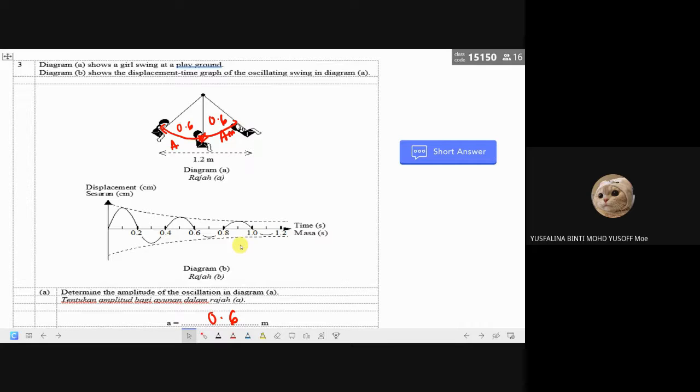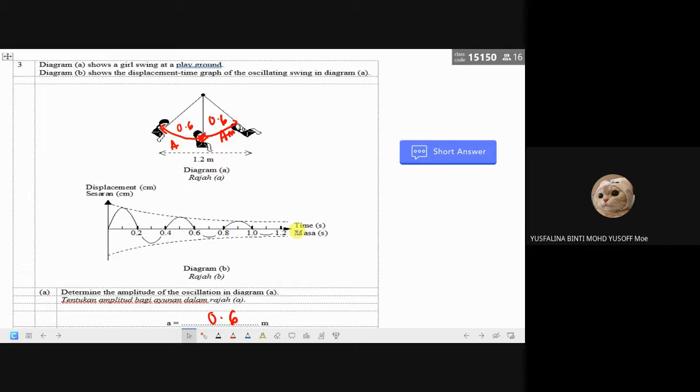This is not the graph for forced oscillation. This is the damped oscillation. Every time you see the amplitude decreasing, this is about damping. For forced oscillation, there is no way for it to stop, because you keep giving the force to the system. But this one you can see it decreases by time, right?